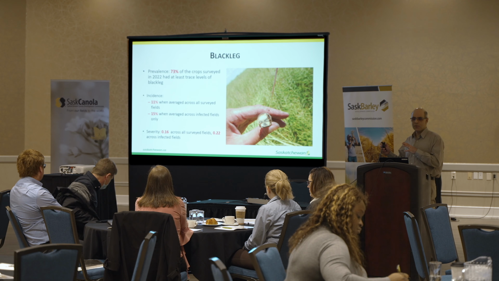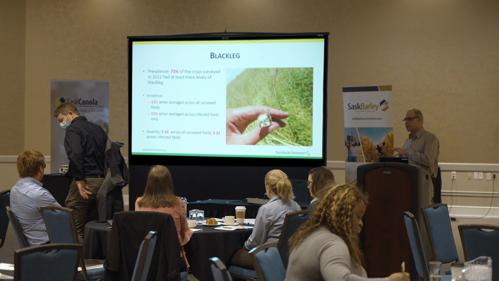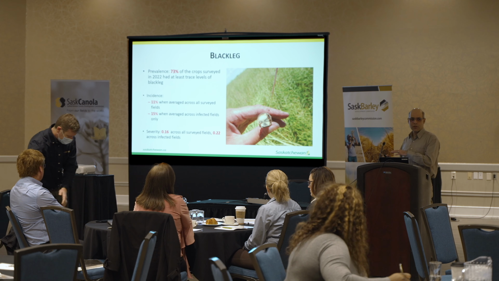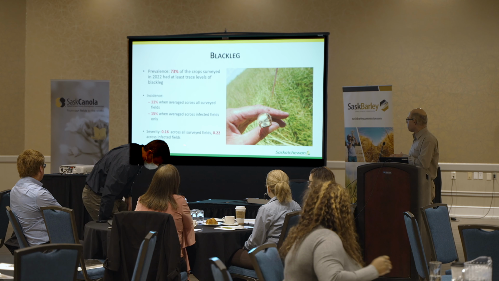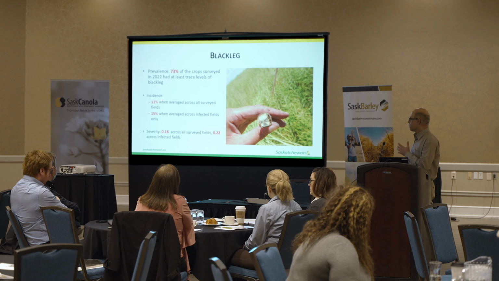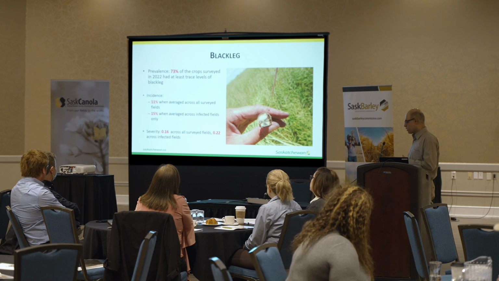So very high prevalence, very high incidence, but quite low severity. It shows the great work breeders did, actually. A very high number of crops have the disease, a very high number of plants in each crop have disease, but the severity overall is very low. So things are in control.